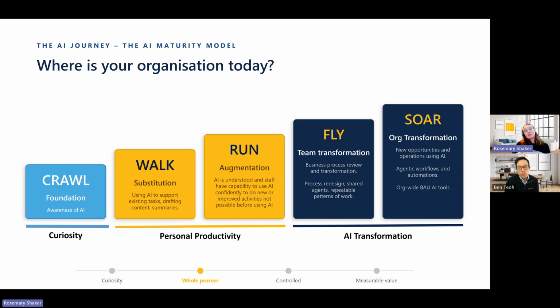But actually now we're trying to make it more consistent and the experience more consistent, and the stages that our teams use it in for the business outcome to be more designed and more structured and more intentional, so that we get that full team transformation.